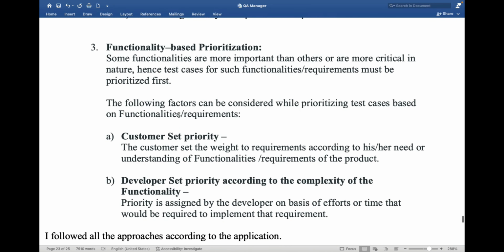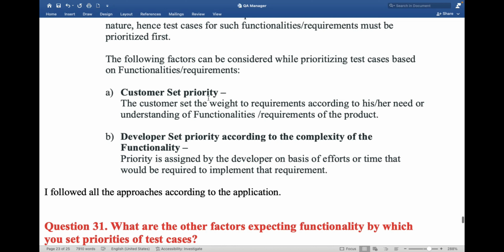The following factors can be considered while prioritizing test cases based on functionality and requirements. First one is the customer set priorities. The customer sets the weight to the requirement according to his or her need of understanding the functionality or requirement of the project. Second, developer set priorities according to the complexity of the functionality. Priority is assigned by the developer on the basis of efforts or time that would be required to implement that requirement. So friends, these are the approaches that I followed.